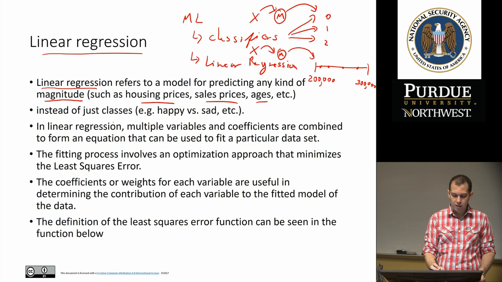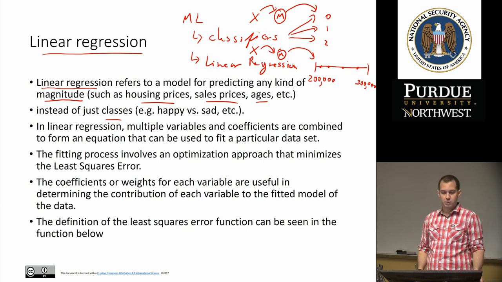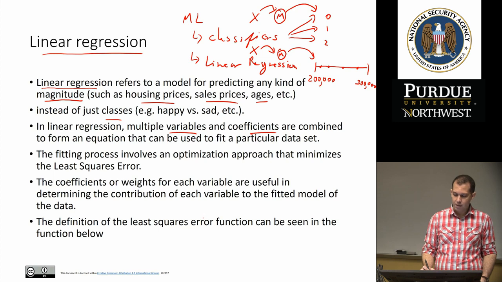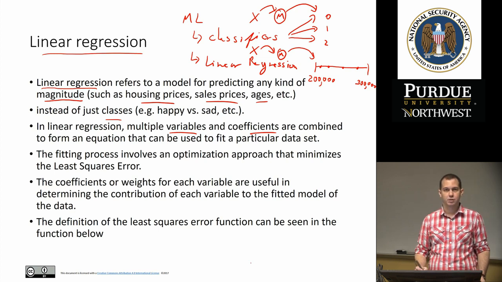So instead of just classes, like, for instance, happy, sad, or intrusion, not intrusion, malware, goodware, etc. In linear regression, multiple variables and coefficients are combined to form an equation that can be used to fit a particular data set, right?